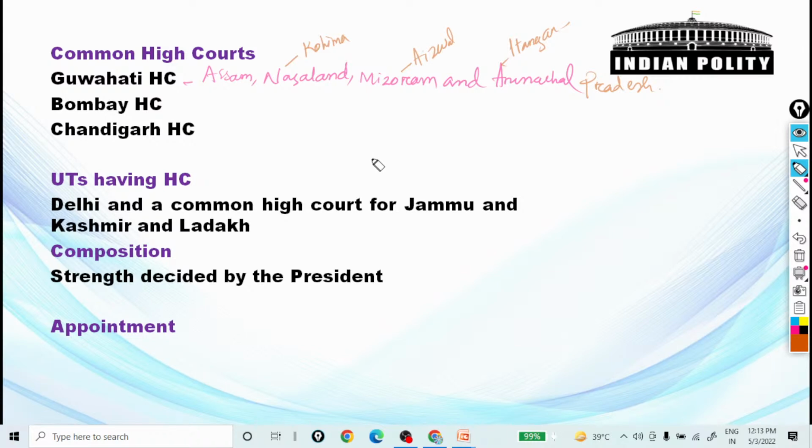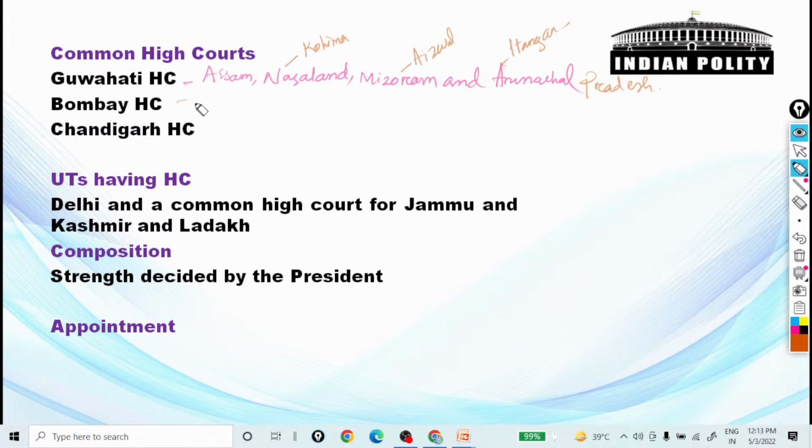For example, Madhya Pradesh High Court has its headquarters in Jabalpur, in the case of Chhattisgarh it is in Bilaspur, not in Raipur, and in the case of Kerala it is in Kochi, not in Thiruvananthapuram. So there are several high courts whose headquarters are located not in the state capital but in other cities in the state. Go through them, and also find some benches of different high courts.